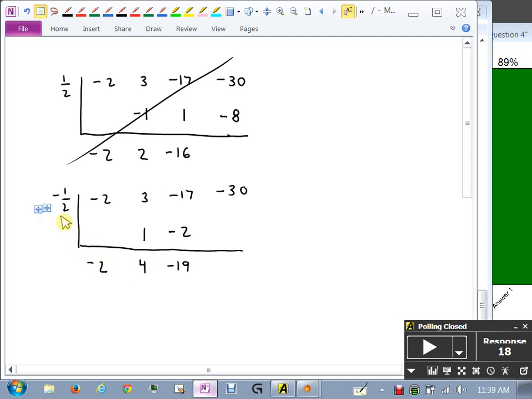Uh-oh. That doesn't work. Half of 19 is not a number you know, and we're looking for it to be a 30, right? That didn't work. I said on your test it will happen within the first few tries. I didn't say that today in class it would happen on the first few tries. All right, so we go again. What's the next fraction I had? 3/2? This will be an interesting one.